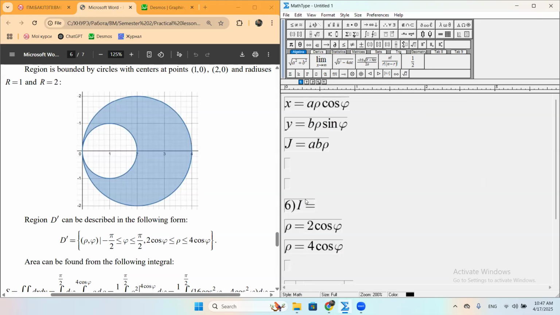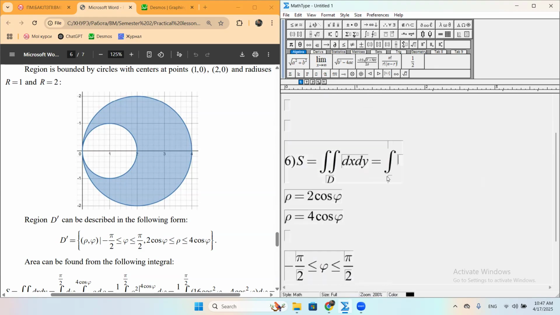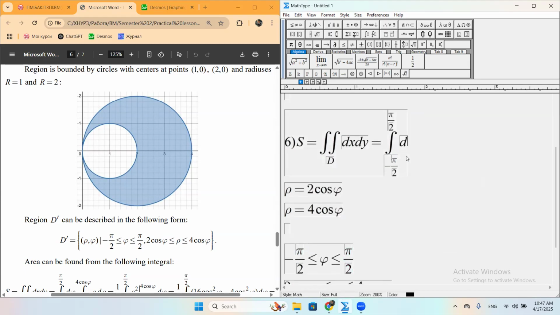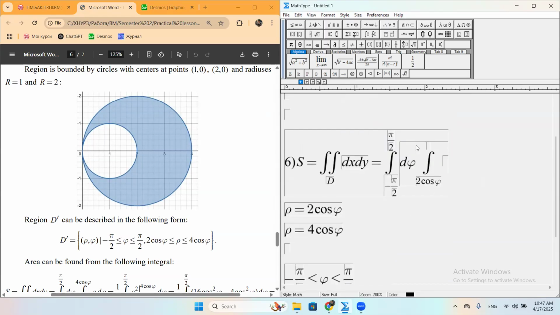So the area will be calculated by this integral, so we just integrate 1, but when we transfer to polar coordinates, don't forget about multiplying by the Jacobian. So from 2 cosine of phi to 4 cosine of phi, rho d rho.